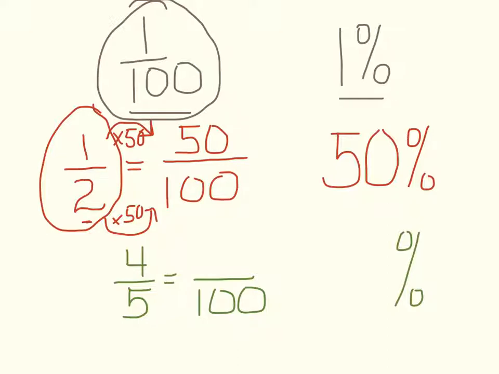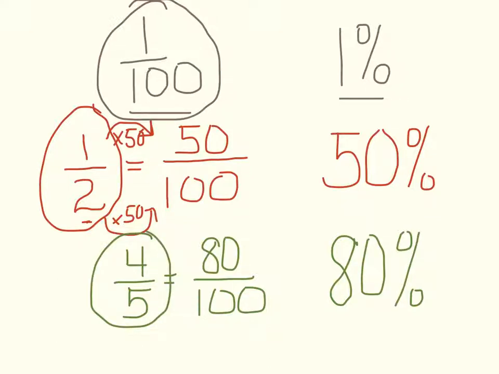Hopefully you said pretty quickly, well, 5 times 20 is 100. So if I times 20 on the bottom, I times 20 on the top, and I get an 80. 80 over 100 means 80% of the class was out sick. So 4/5 is 80%. So are you seeing how this works?